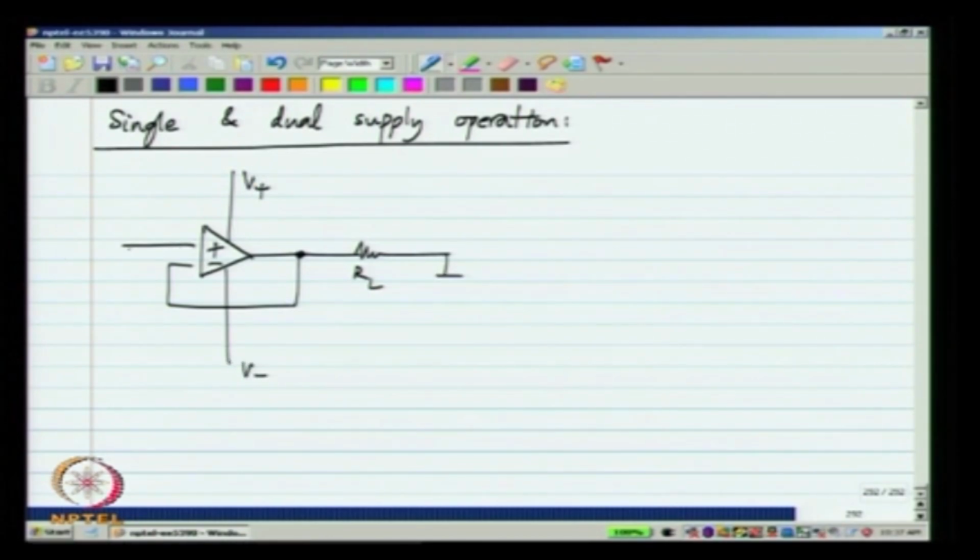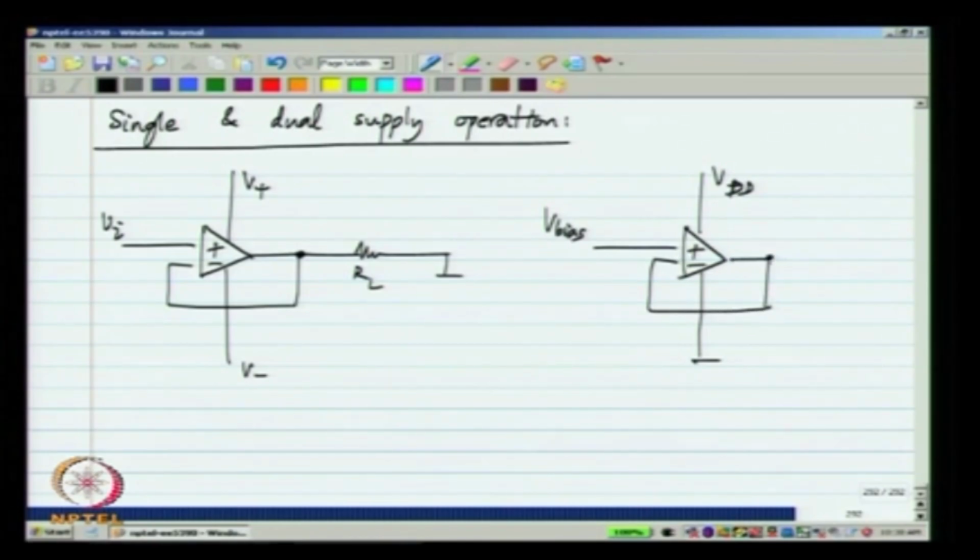I said that you can operate with a 0 common mode voltage and only an input, that is 0 bias voltage and only an input, or let me call this VDD and 0, and have a bias voltage for both the input and output, and if I apply an increment here, I will get the exact same output in the two circuits, provided that the supply voltages are the same, that is V plus minus V minus, that total supply voltage equals VDD minus 0.